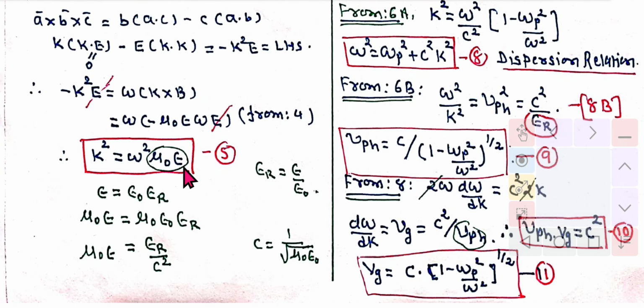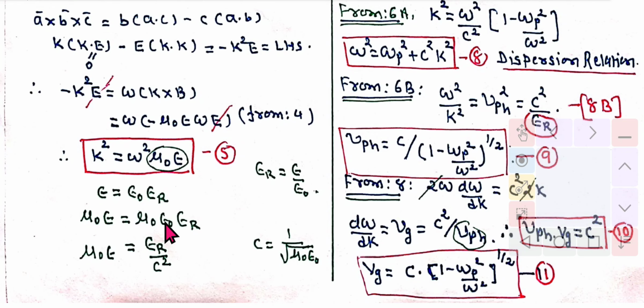Now our aim is to find the value of mu 0 into epsilon. So what should we do? Relative dielectric constant, or relative permittivity, equal to epsilon divided by epsilon 0. So epsilon equal to epsilon 0 into epsilon R. So mu 0 into epsilon equal to mu 0 epsilon 0 epsilon R, multiplying both sides by mu 0.